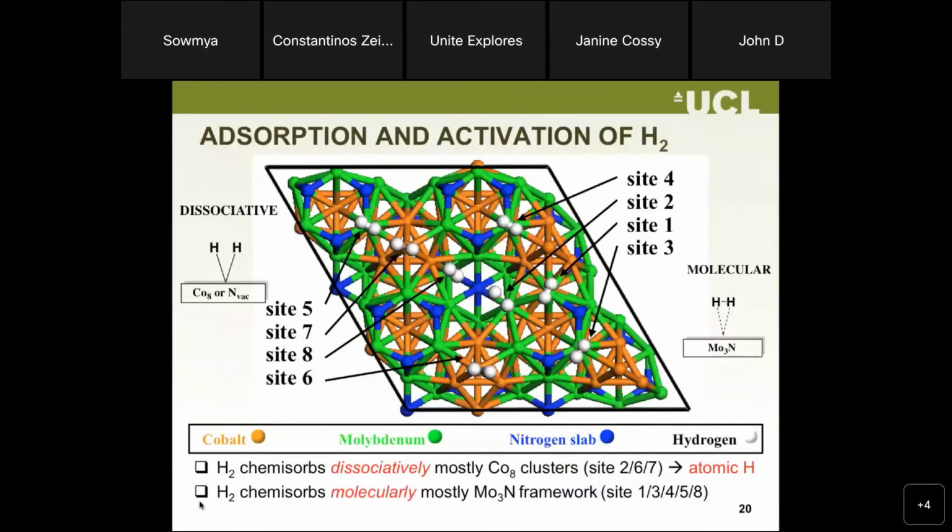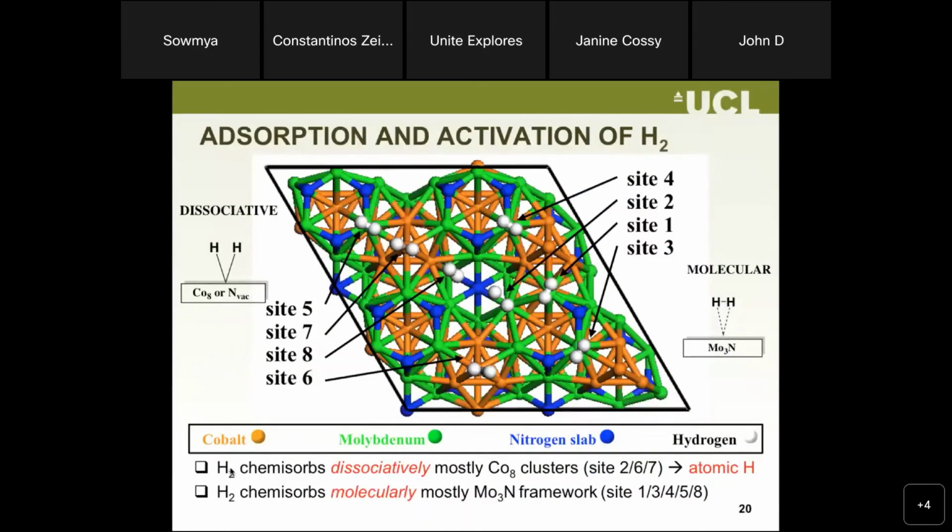So then we studied the adsorption of hydrogen on the different symmetry unique positions of this unit cell. And we found that there are 8 positions that hydrogen can bind. In some of these positions, it will bind in a dissociative way, and in other positions, it will bind molecularly.